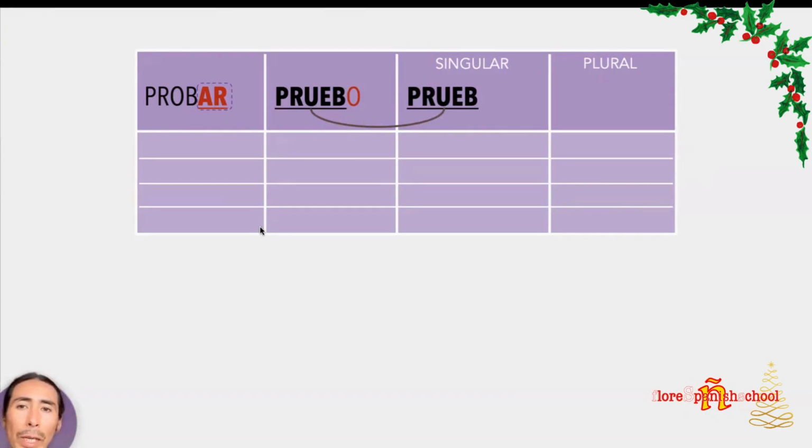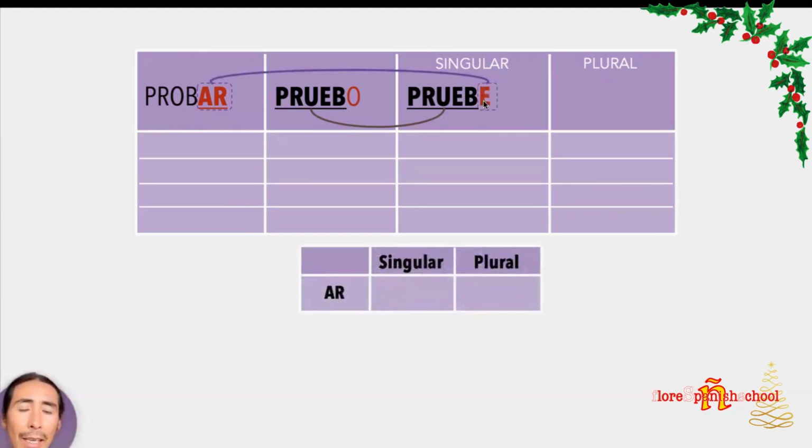This ending will change to e in the singular when we want to give an order, an advice, an instruction in usted. So in that way, the verbs ending with ar will change to e. So the command is pruebe in singular.